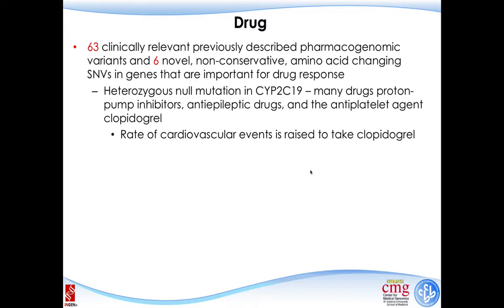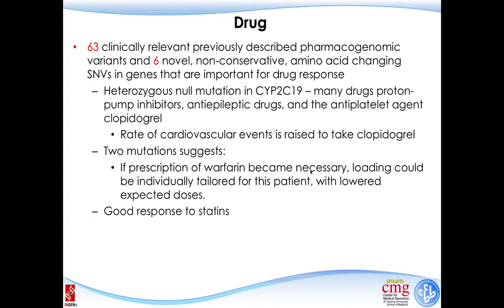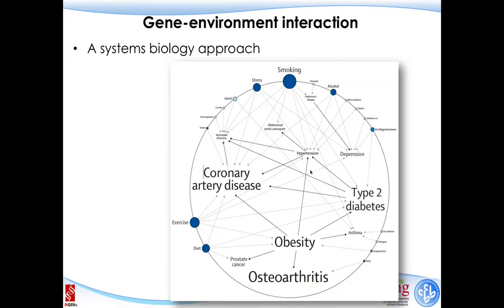But they also go further, and look at the way that this person can metabolize drugs. This is more on the pharmacogenomic type of studies, so I'm not going to go into detail. For example, they will tell you this person is likely to respond well to statin and things like that. They also mentioned that different diseases are actually linked together.